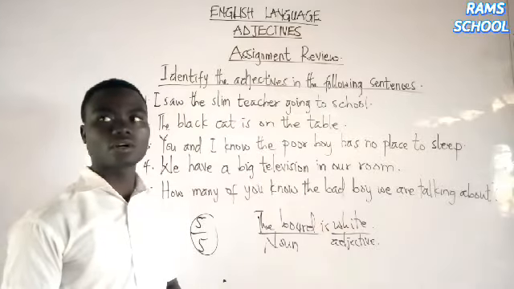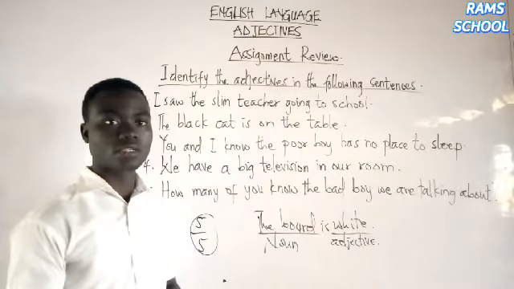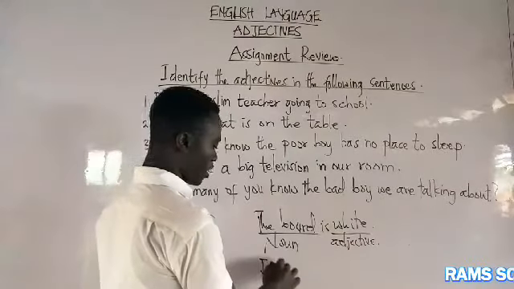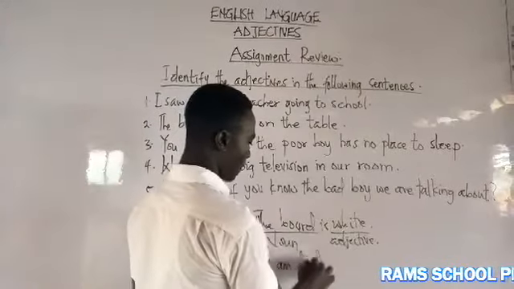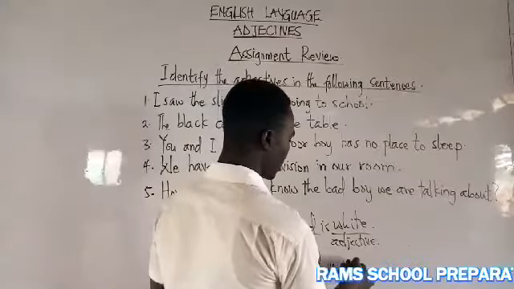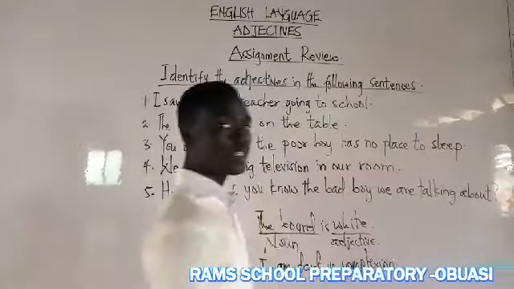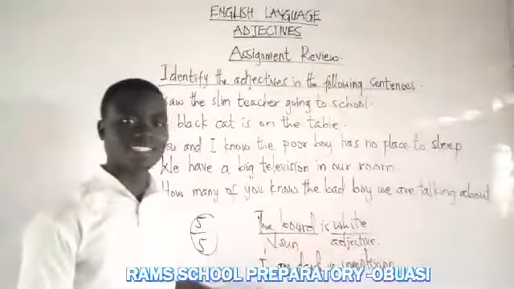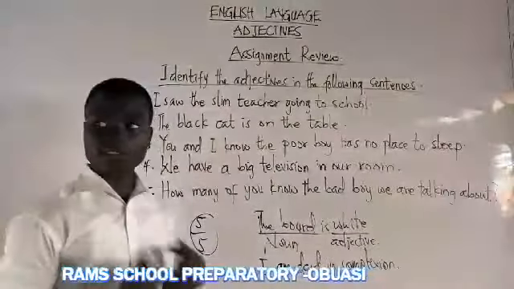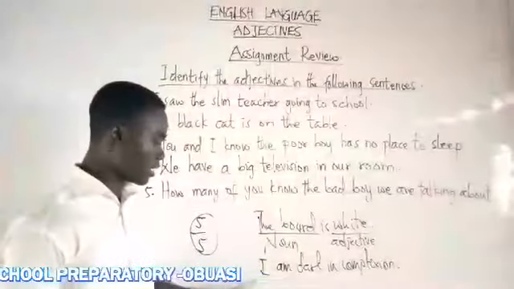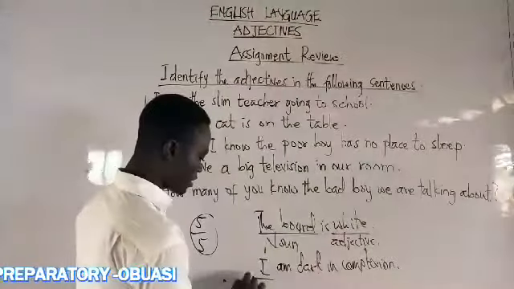Let's take an example of an adjective being used to describe a pronoun. That is, I am dark in complexion. Do you remember this sentence? Good. The I here stands for me as a person. So what is the pronoun here? The pronoun here is I, which serves as the subject.